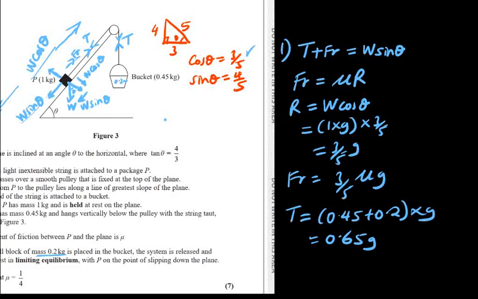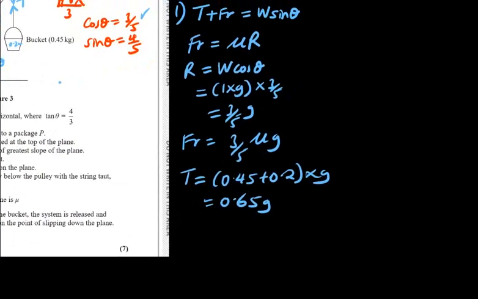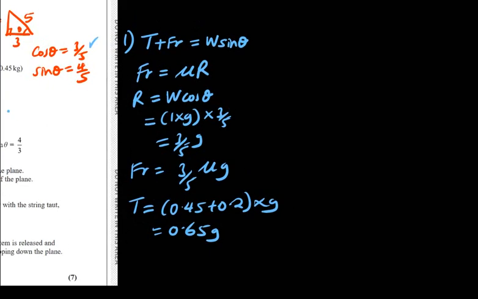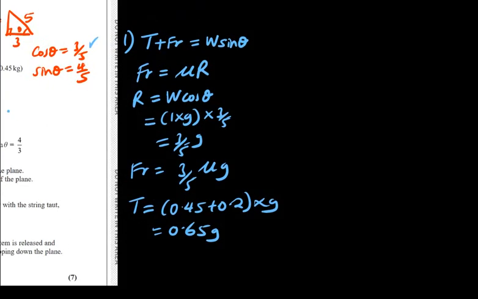Now one more thing, to substitute, we also have W sine theta. We can solve for that. W, remember, it's the weight, and we got it's 1 kg times gravity. Then sine theta is 4/5. This one is giving us 4/5 g.